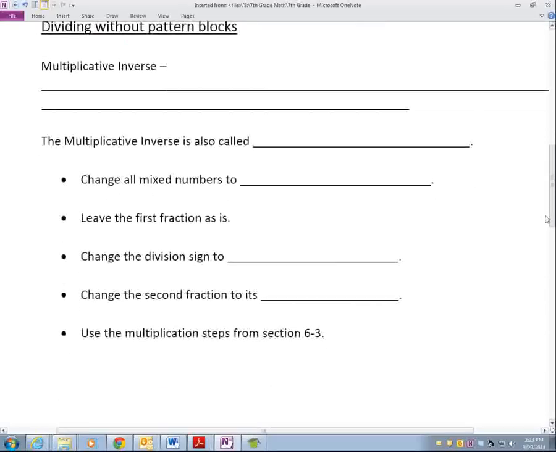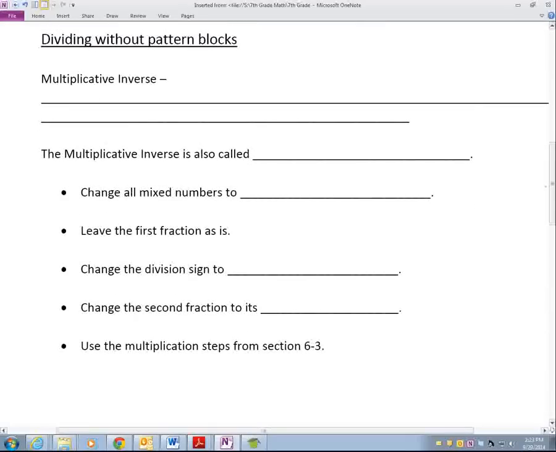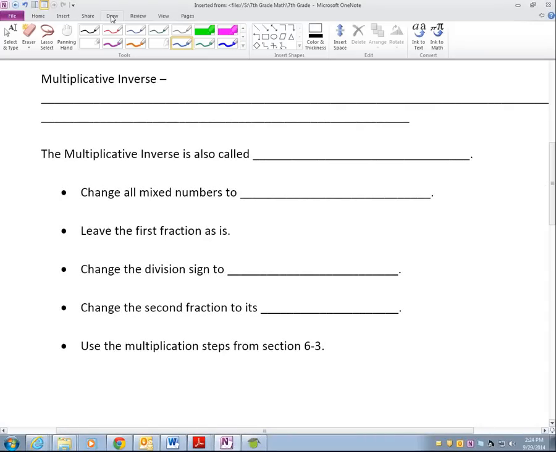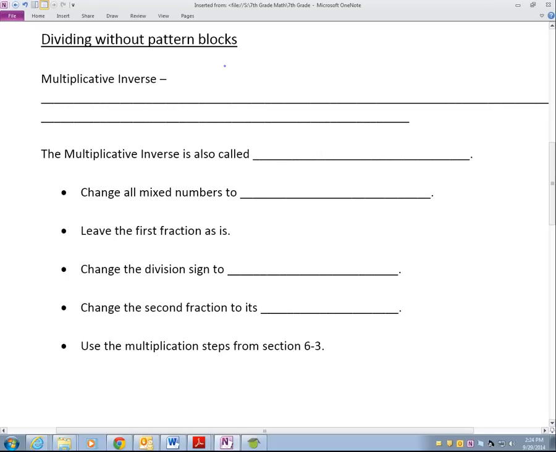Okay. Here we go. Dividing without pattern blocks. Yes. Easy mode activated. We have the multiplicative inverse.